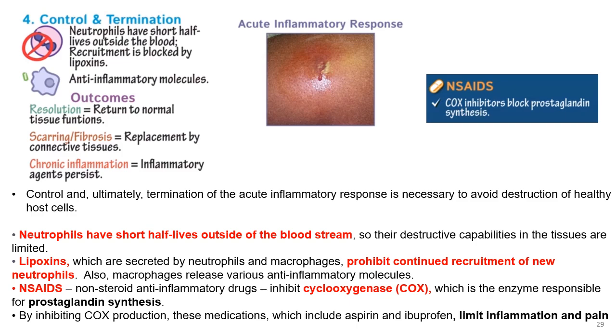Basically, our CNS is but the outcome is the inflammation. Then you never know how somebody is going to react to certain drugs.